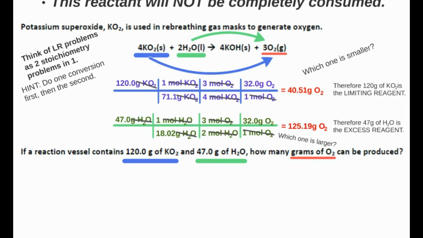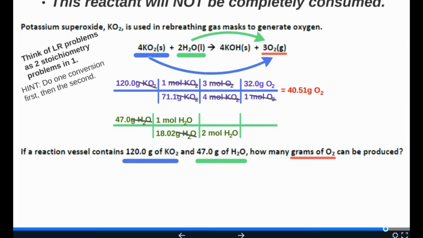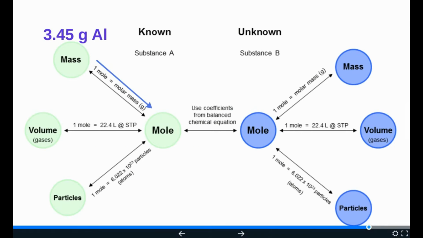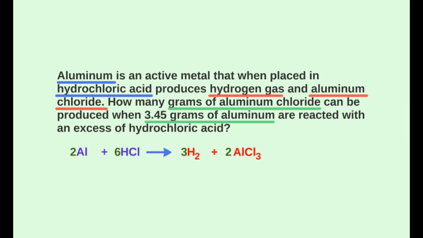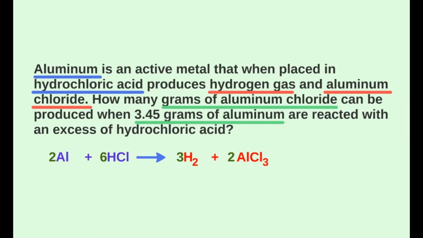So here's the thing. Let me go back to this one. Notice here, the difference between limiting questions I give you and these is that I've already told you what the excess reagent was. I said an excess of hydrochloric acid. We're just saying I got enough of this to go for days. We don't worry about it.